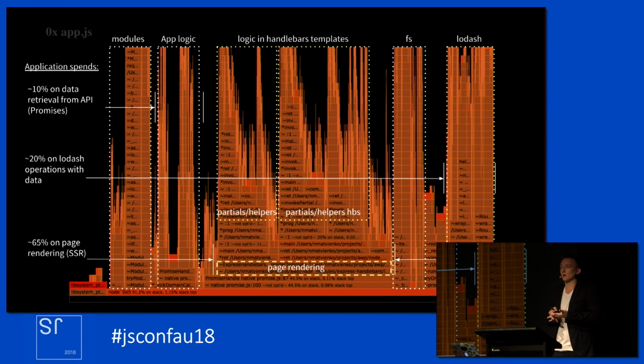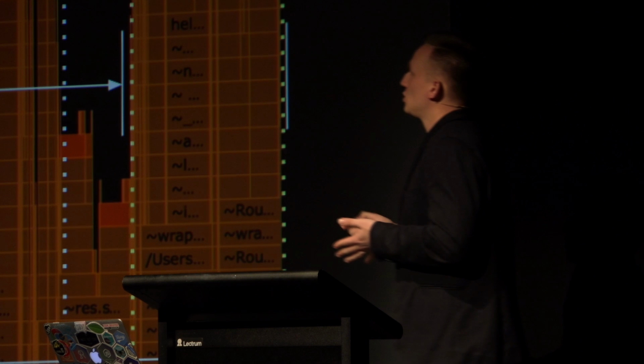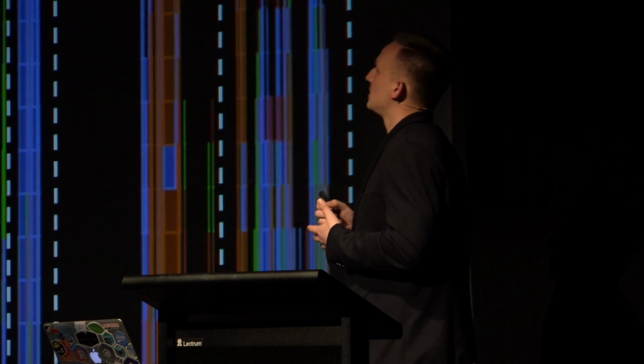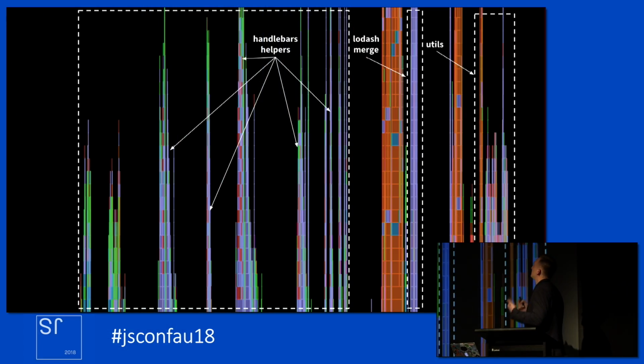And that's a lot because it consists of custom helpers, partials, and templates with logic. If we scroll up, we will see which operations are on CPU. Here are handlebars and lodash merge, utils. Let's go deeper into the lodash merge stacks.